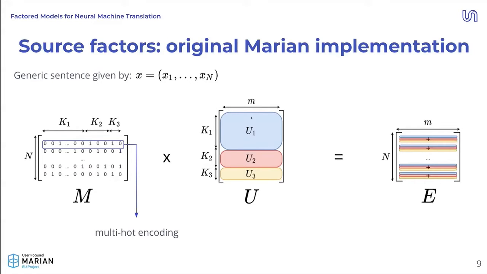When you multiply it, as represented here, we have the word embeddings in blue, and for the factor embeddings, we have these two matrices, the red one and the yellow one, concatenated by the rows. When you multiply the multi-hot encoding by the word and factor embedding matrix, all the embeddings of the word and the factors end up being summed.